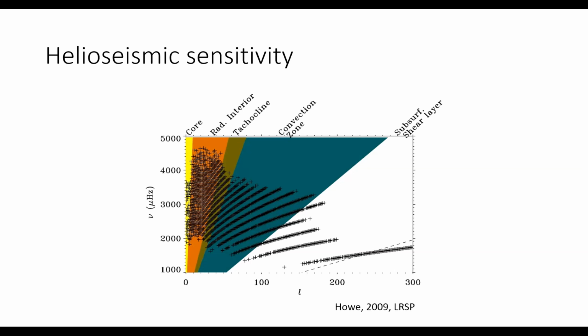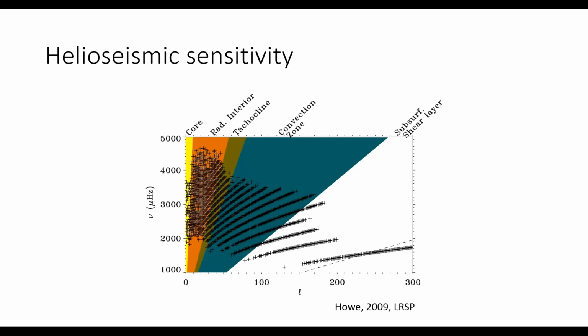And I really like this plot from Rachel Howe's review in Living Reviews from about a decade ago, which shows roughly which modes sample which parts of the sun. And you can see all of the high degree modes give you sensitivity towards the surface.